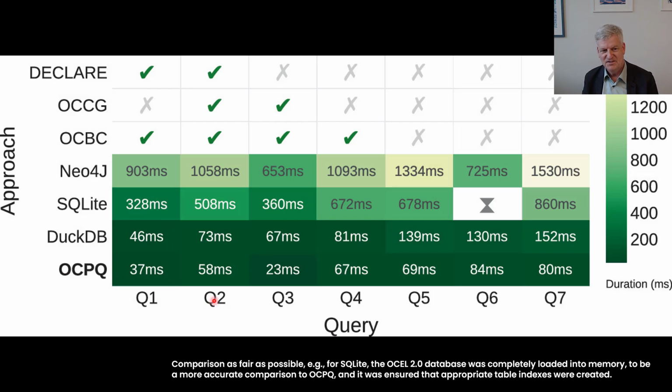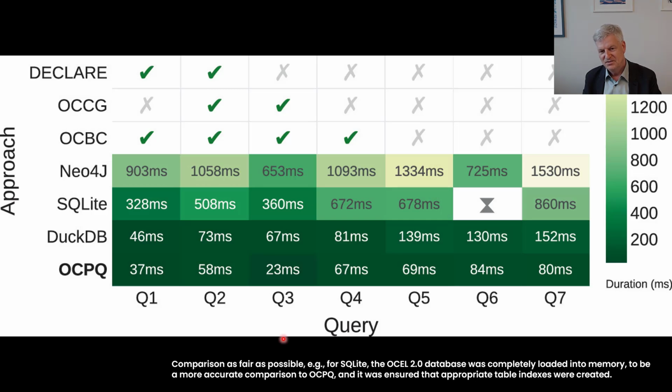But what you can see is that OCPQ is able to answer all of these different questions much faster. Note that this is based on one of the bigger BPI challenge logs. This is not a small data set, it is a huge data set, but we are able to respond in the order of milliseconds to certain queries.